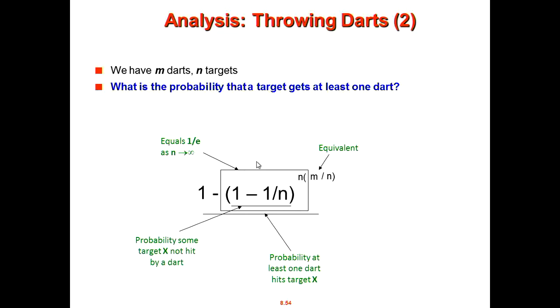So this part equals 1 over e when n approaches infinity. So finally, the probability is 1 minus e to the power of minus m divided by n. That's our final probability. m is the number of darts, n is the number of targets. And in our problem, the targets are the bits, and the darts are the hash values. Okay, so this is the conclusion.